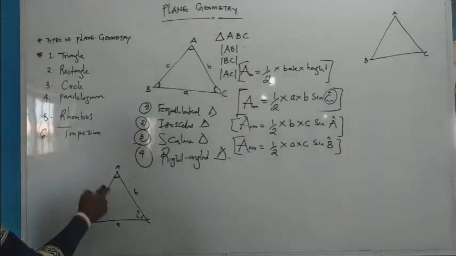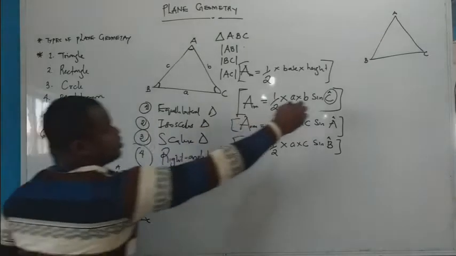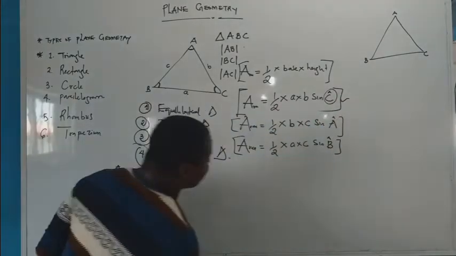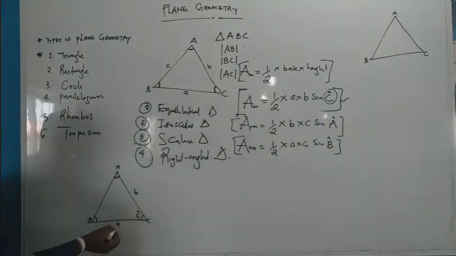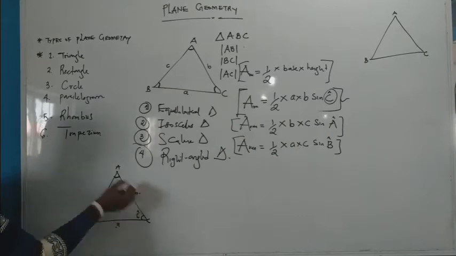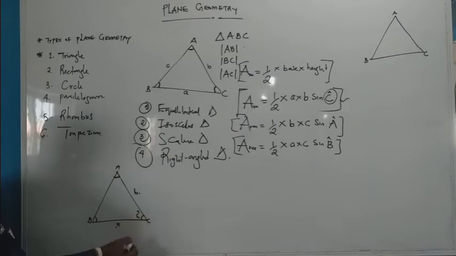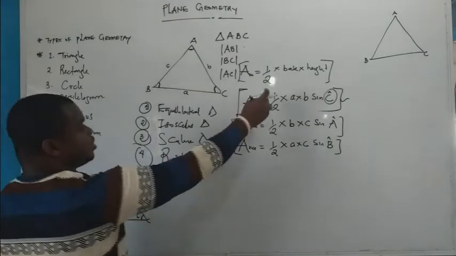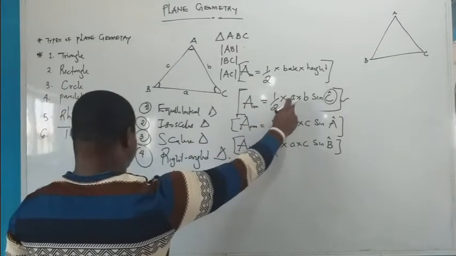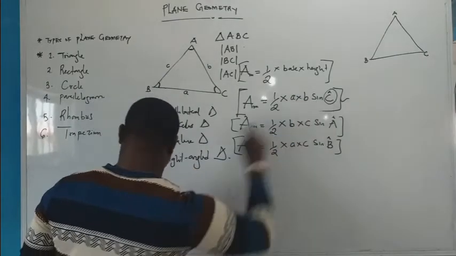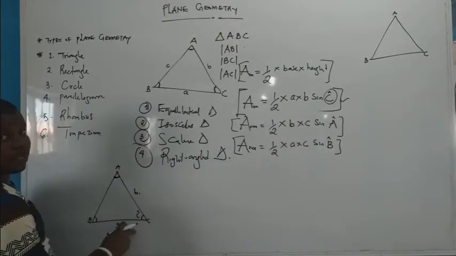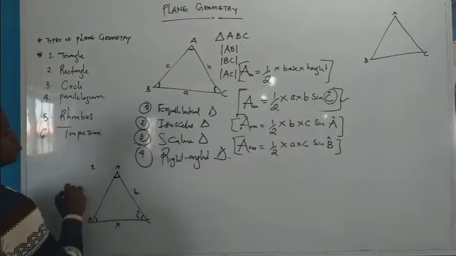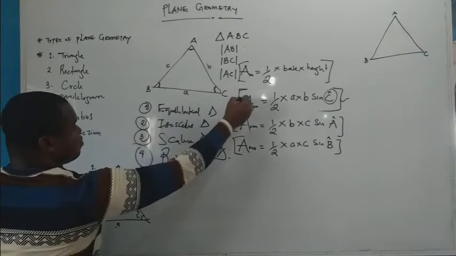The formula to apply is the second formula I wrote down here. Since you're given this side a and this side b, that's your BC and your AC, and the angle between the two sides given is angle C, therefore you can apply the formula half times a times b sine C.